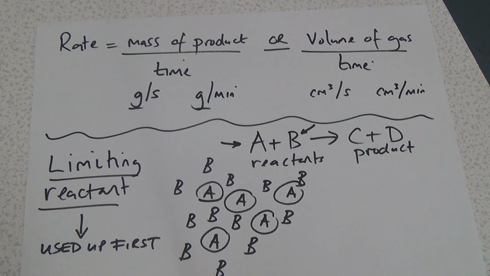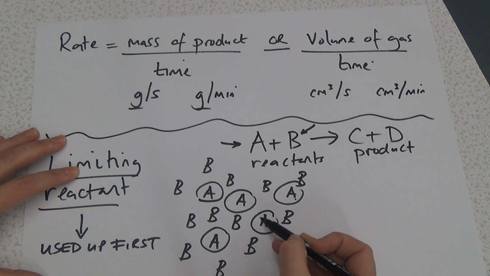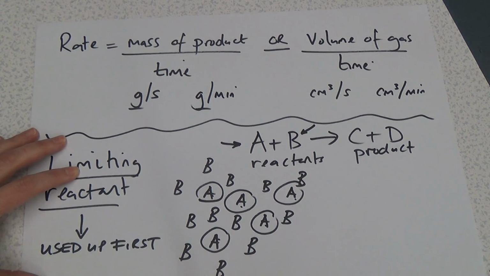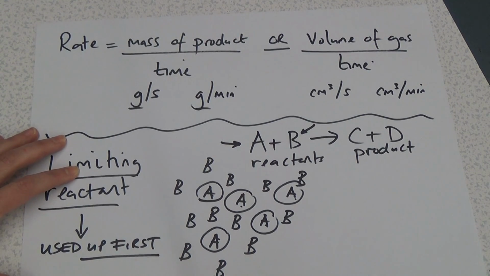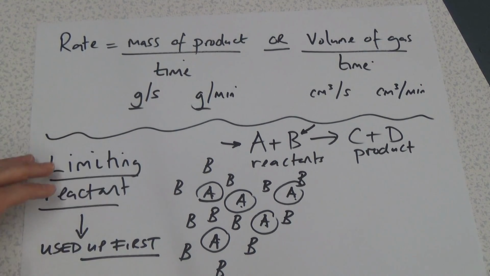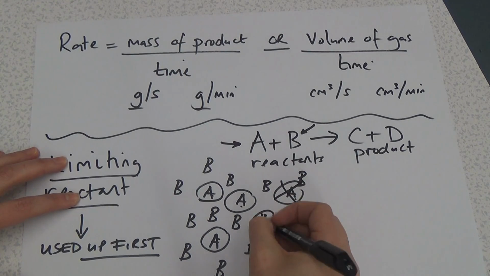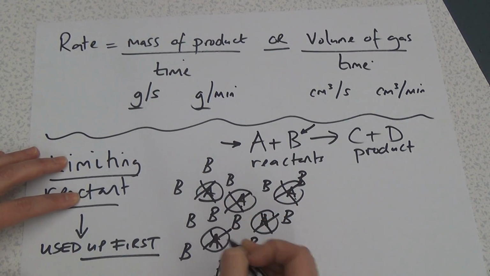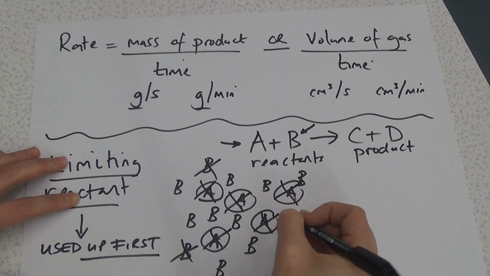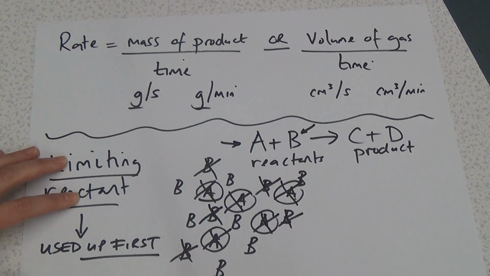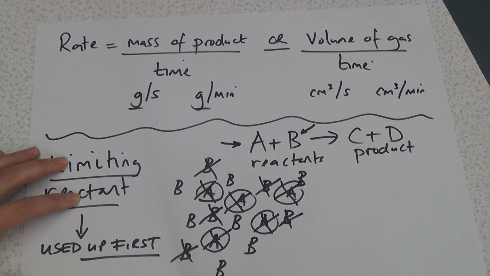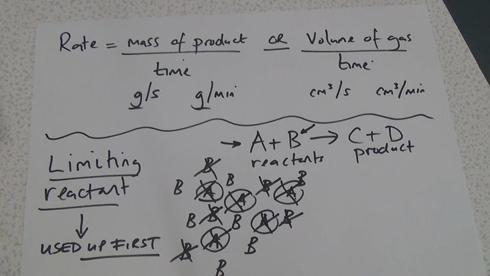So when A and B collide to produce our products, C and D, because there are fewer of these particles, they will be used up first. But once those particles have reacted with some of those B's, the only thing you'll have left is reactant B. And at that point, the reaction will end.